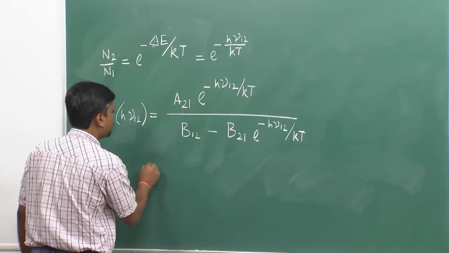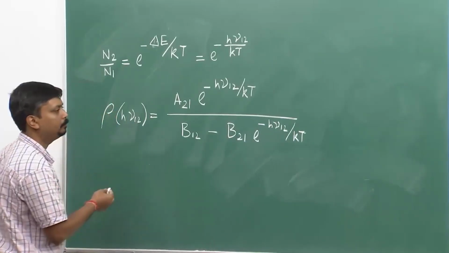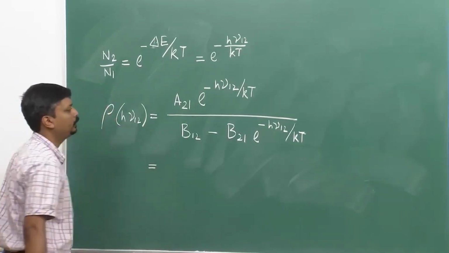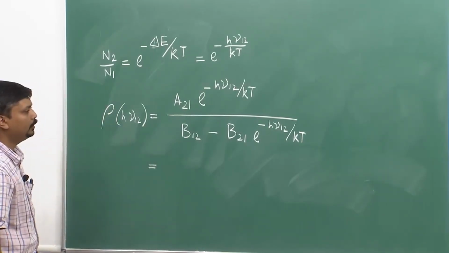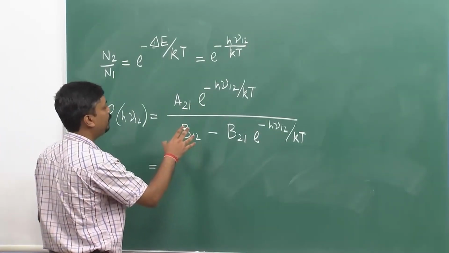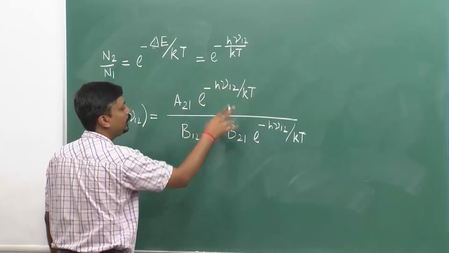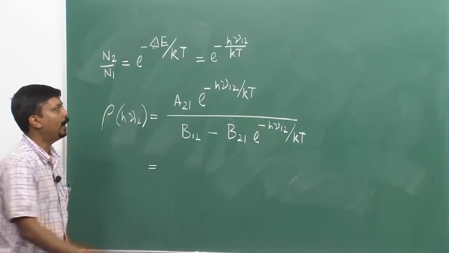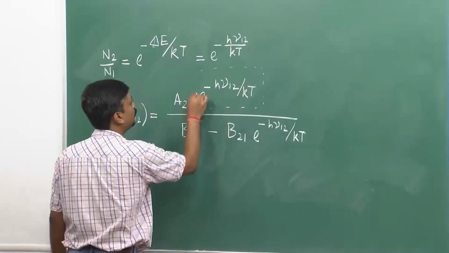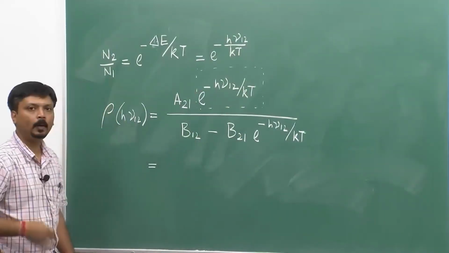So, now at this point, if I divide both numerator and denominator by this quantity e to the power minus h nu by kT, then what do I get?